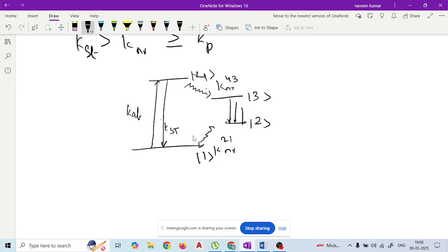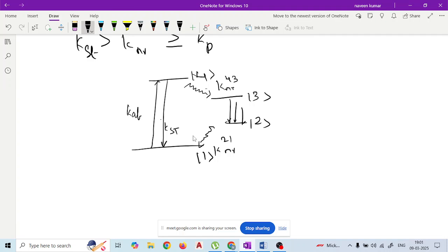But what you will see is, because level 2 is kept close to 0, since it demands the KNR to 1, the 2 and the 1 will remain close to each other, that is a non-radiative one. So in this level it can go from 0, and dn can only be positive, it does not go negative at all. It tries to maintain a positive value of n2 minus n1, the higher energy state minus the lower energy state, for the maximum number of molecules to stay at the particular energy level.